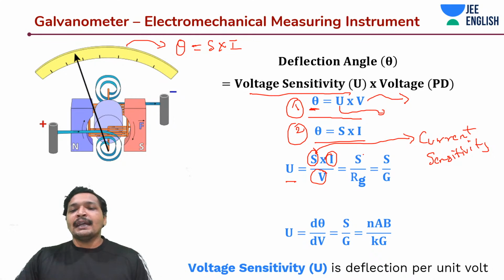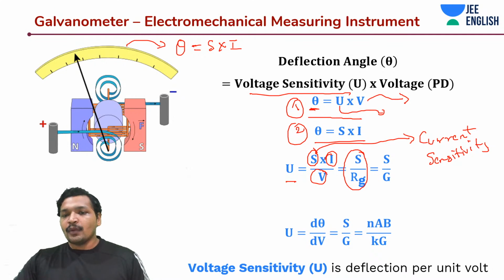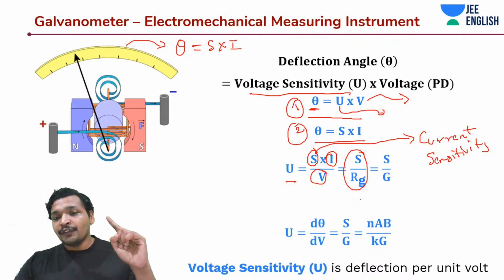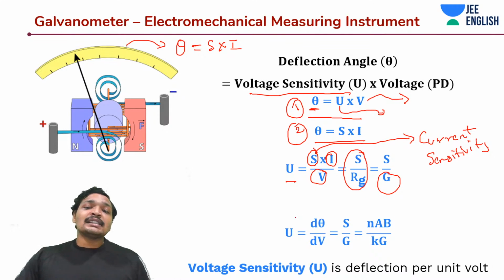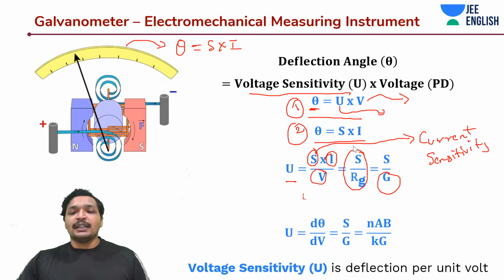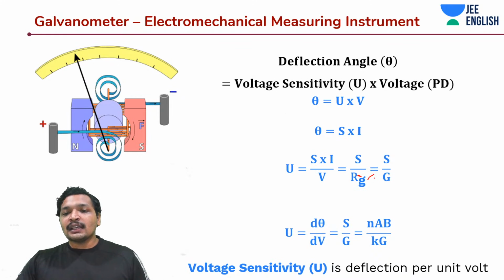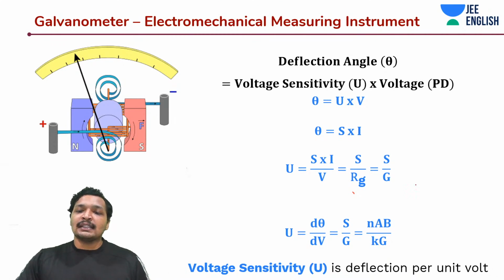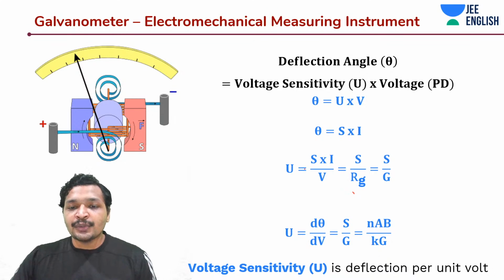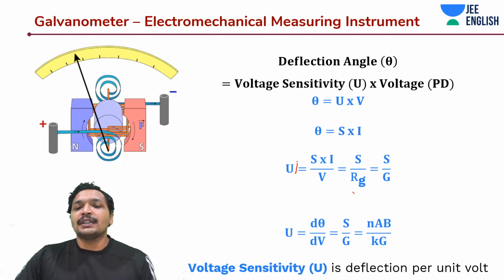So that is going to be S divided by RG. What was RG or G? If you remember, the resistance of the galvanometer. So this tells you the relationship between voltage sensitivity and current sensitivity. Maybe they will ask you in terms of voltage sensitivity.